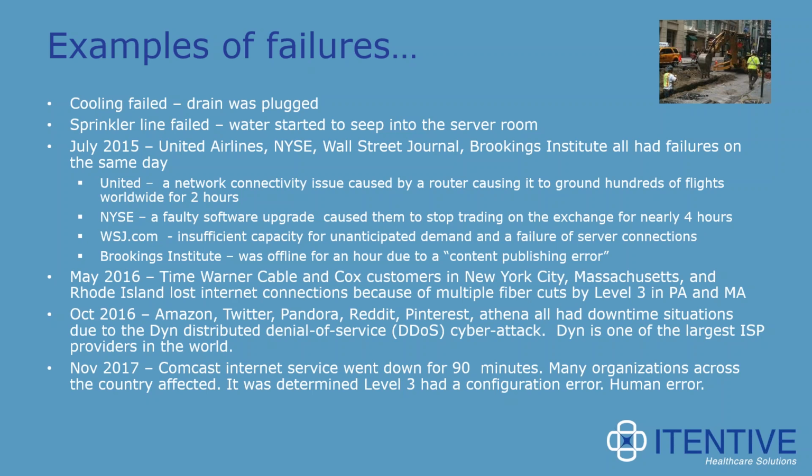Well, we don't have sprinklers in computer rooms, but what happened in this particular case is there was a sprinkler line outside of the server room, and it started to leak. And when the water started to leak, it started to go into the server room. So the server room had to be shut down. And when they shut down the server room, all the outside connections were lost.